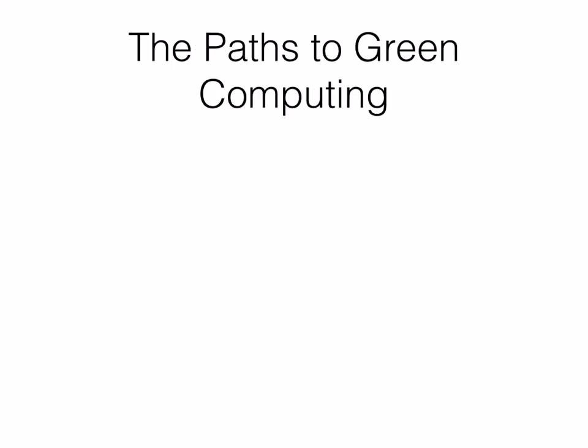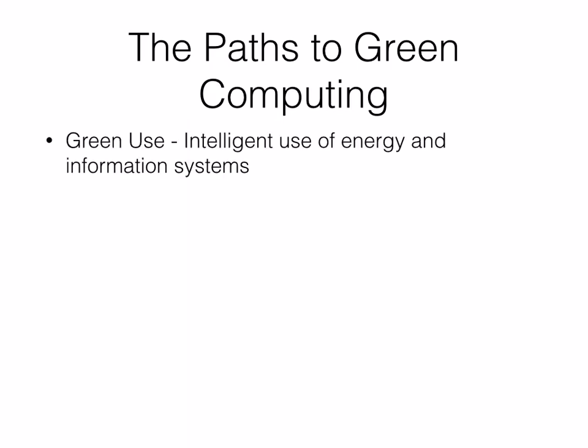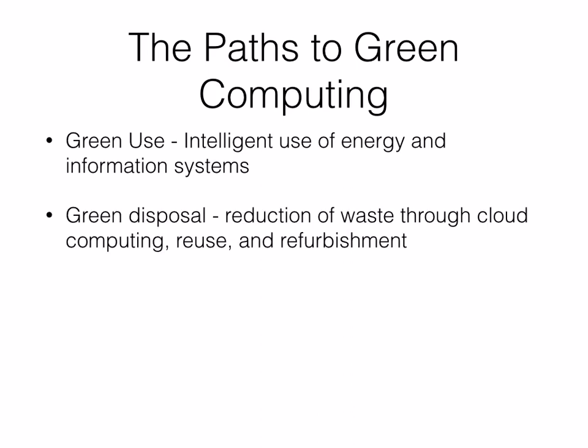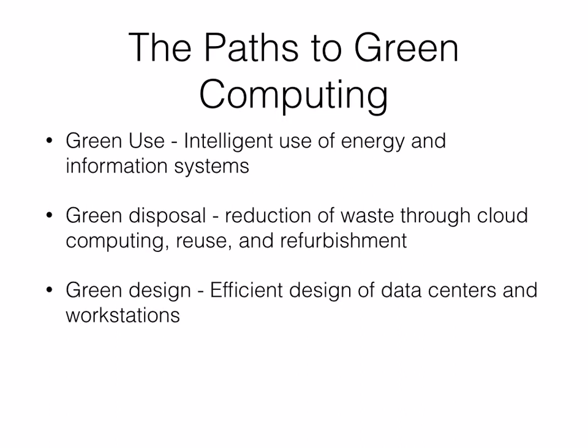So, some paths to green computing, how to get there. First is green use, intelligent use of energy and information systems. Green disposal, like we've talked about, reduction of waste through cloud computing, reuse, and refurbishment of computing equipment. Green design, efficient design of data centers and workstations. And I would also say that the efficient design of software is a big part of that as well.